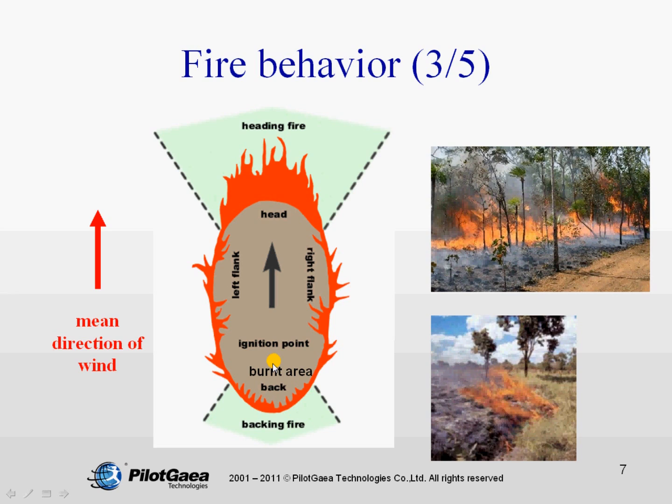The direction of the wind is to the north. This is the heading fire. The fire here is stronger. This is the backend fire, and the gray area here is the burnt area.